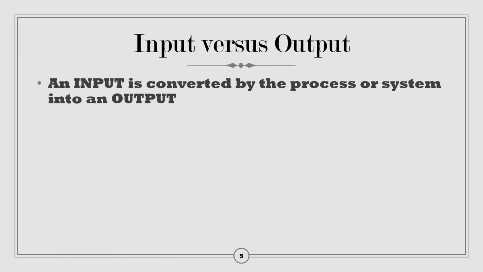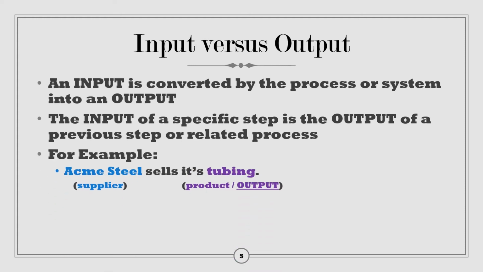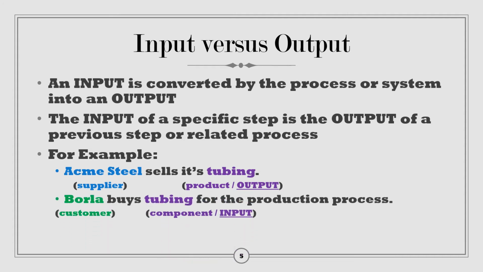So inputs versus outputs. An input is converted by the processor system into an output. The input of a specific step is the output of the previous step or related process. For example, if you have Acme Steel, who's a supplier, and it sells its tubing, that's its product or its output.